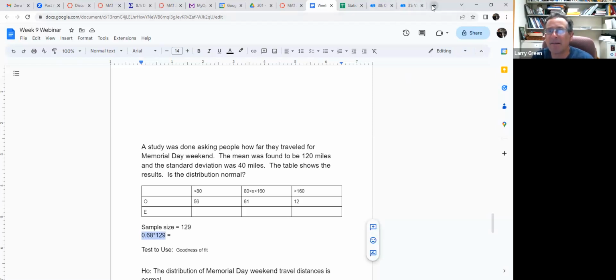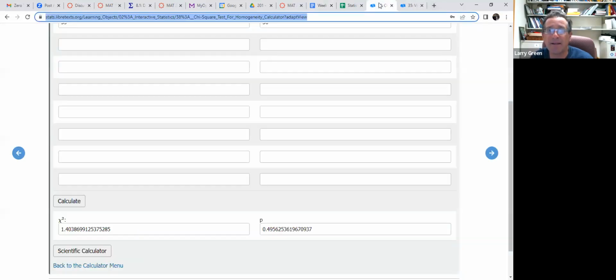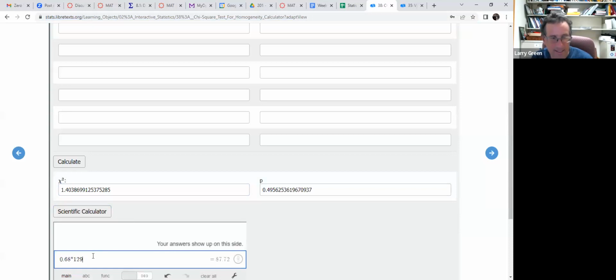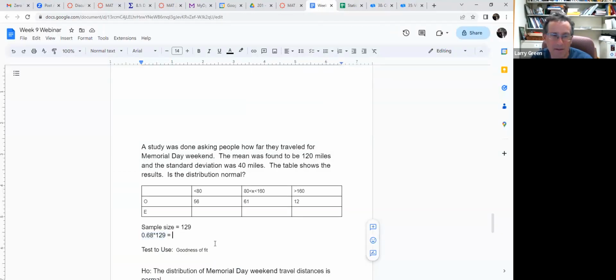Okay, by the way, there's a scientific calculator, I can pop that in, and 87.72, I'm going to round to the nearest whole number, so 88. Any questions on that?